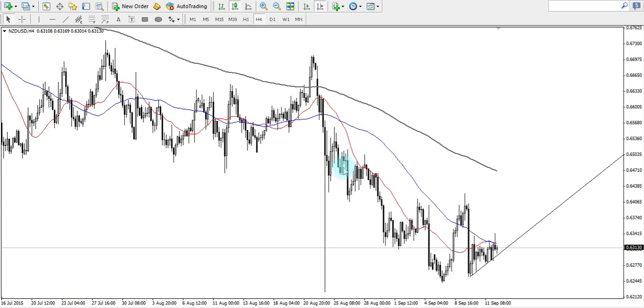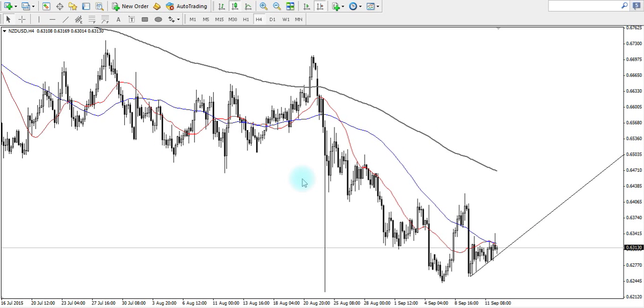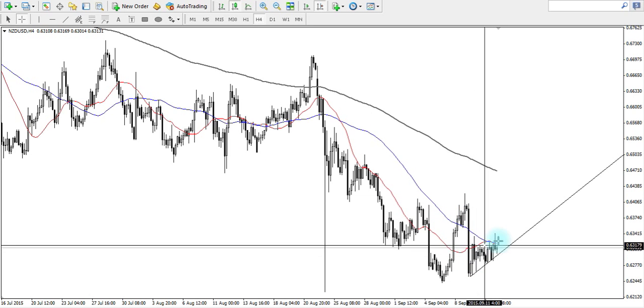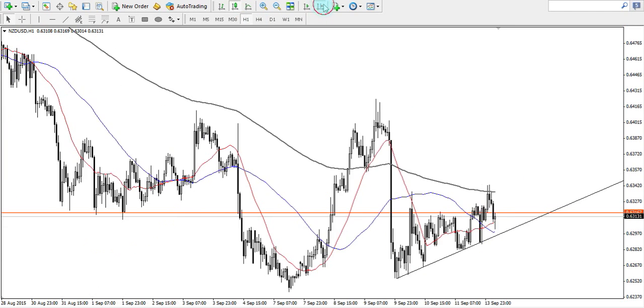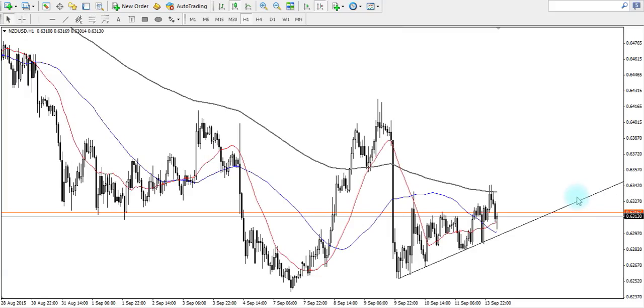Alright, taking a look at the 4-hour chart, we can see that the price has been falling and breaking new lows. And right now price is moving into a consolidation. Zooming into the 1-day chart, we have plotted this trend line as an indication to see when the price will resume falling even further or break new lows.